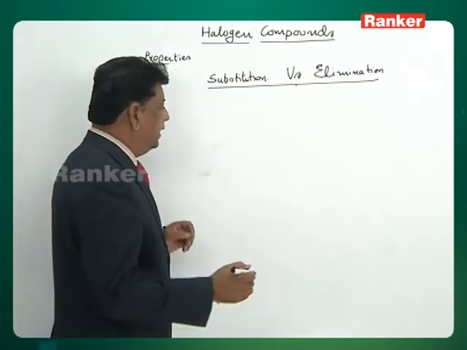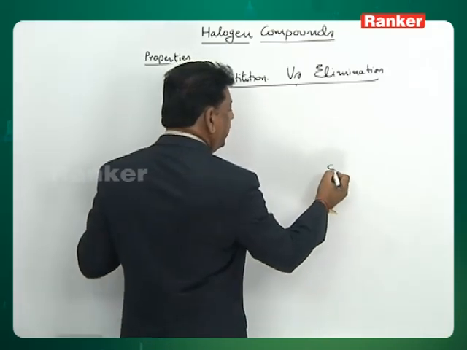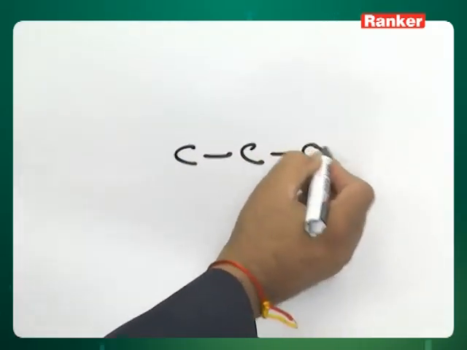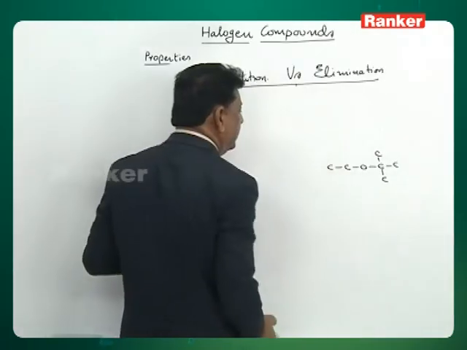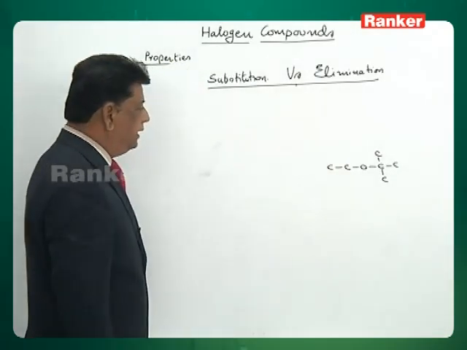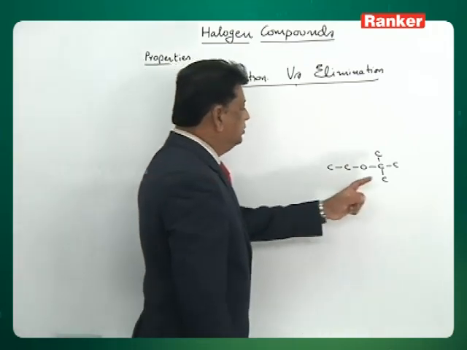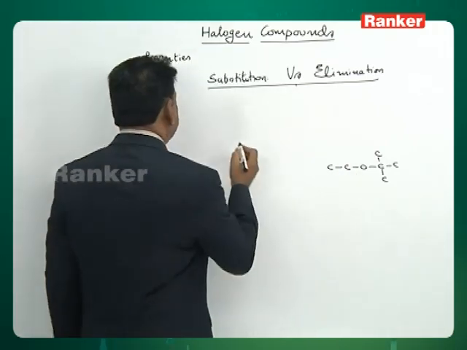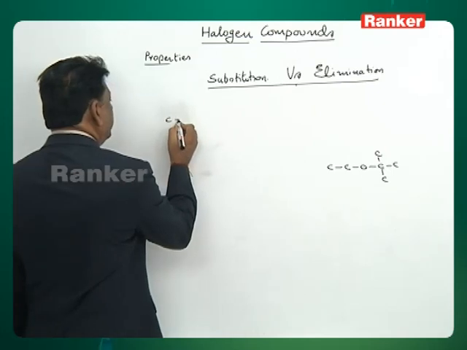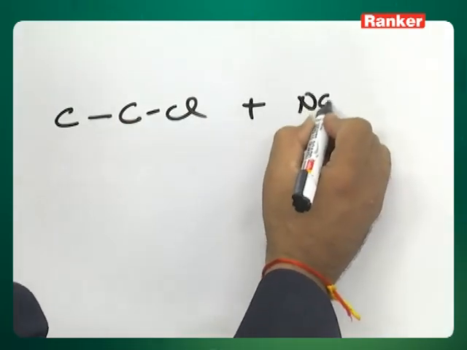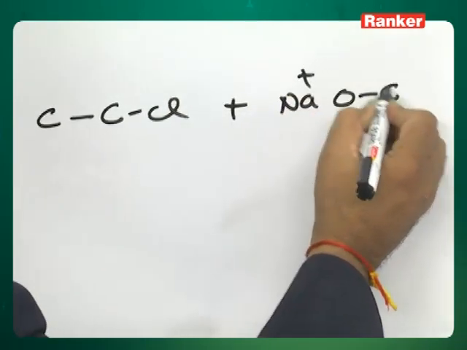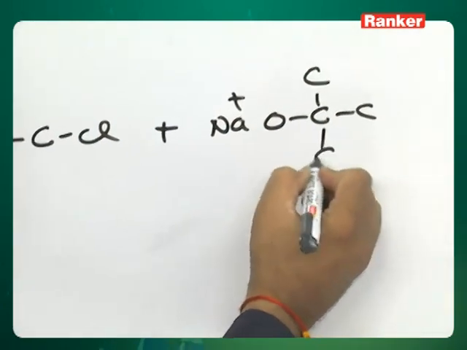Here is an example. I want to prepare an ether containing an ethyl and a tertiary butyl group, ethyl tertiary butyl ether. It can be prepared by taking ethyl chloride and treating it with the sodium salt of tertiary butyl alcohol.